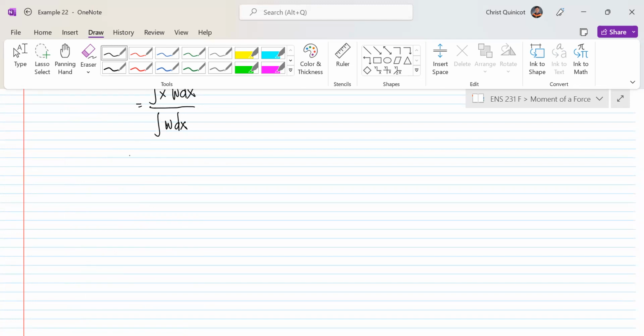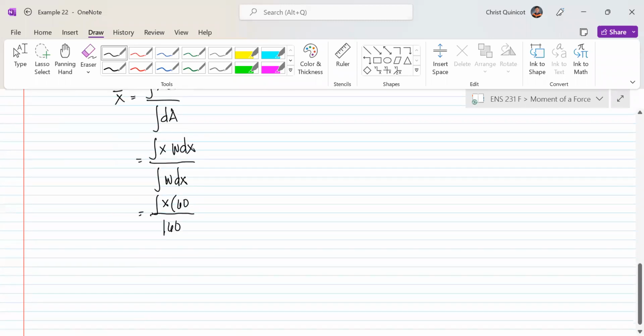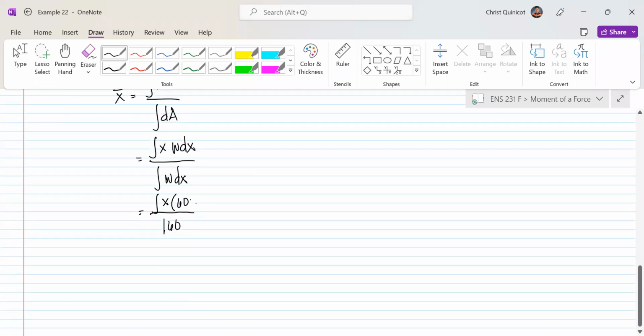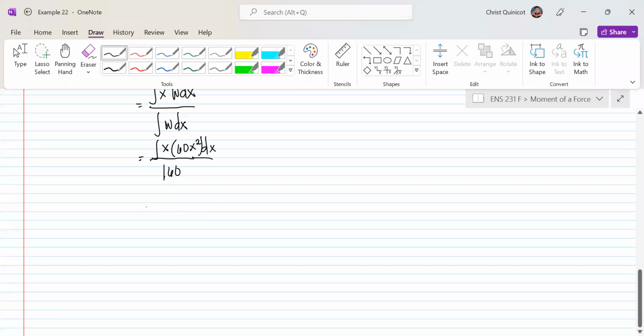This is equal to the integral of x times 60x squared dx over 160. So we bring out our constant in the numerator.